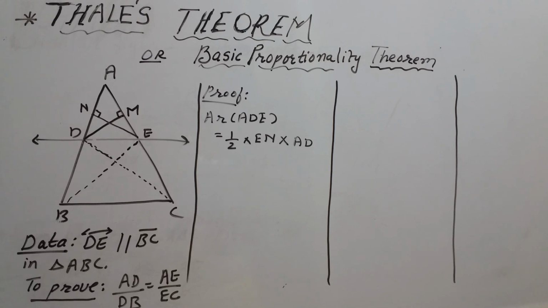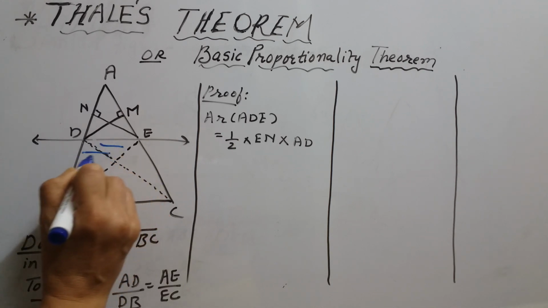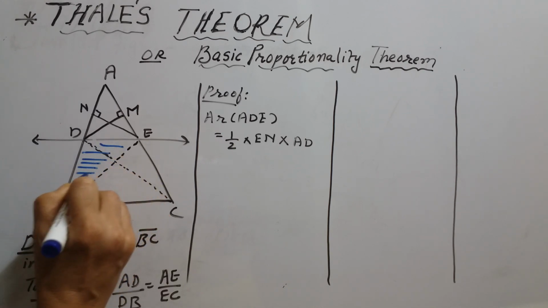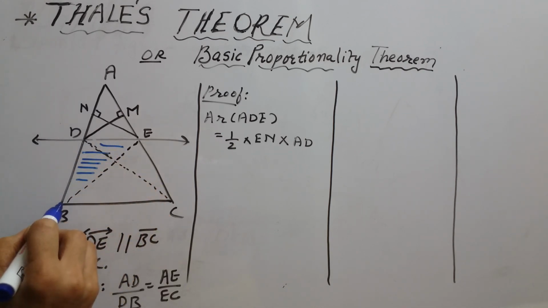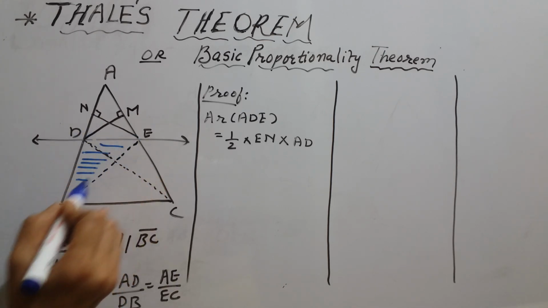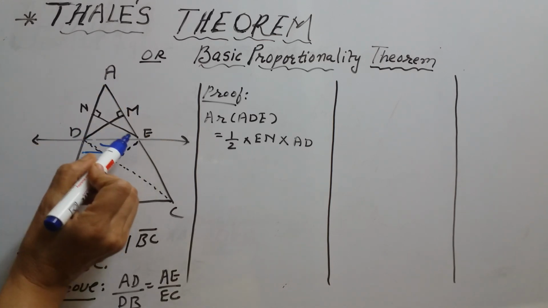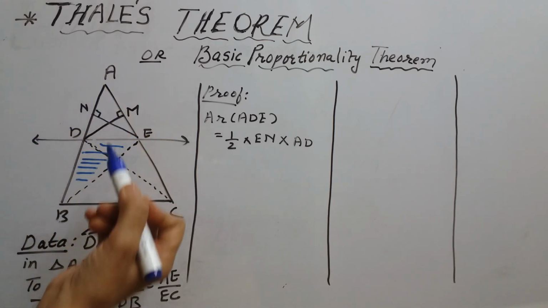Now I consider another triangle, that is BDE. I am highlighting this with the blue ink. Area of triangle BDE. If you observe, this BDE is an obtuse angle triangle, and an obtuse angle triangle always has an altitude outside the triangle.